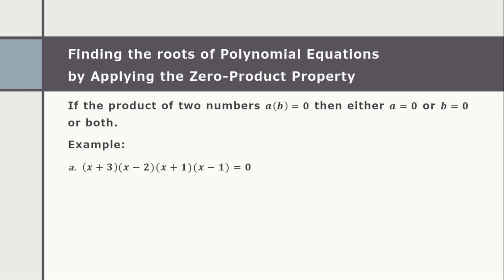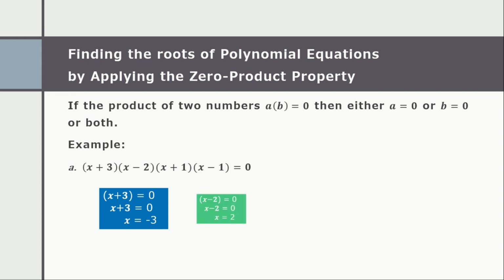All we have to do is to equate them to 0. The first one is x plus 3 equated to 0 will give us x plus 3 equals 0. Transposing positive 3 will give us x, which is equal to negative 3.